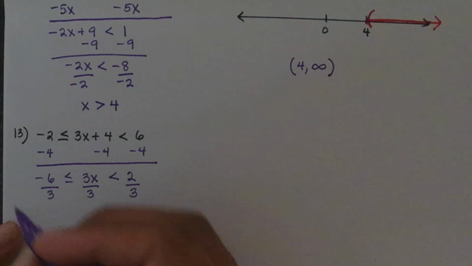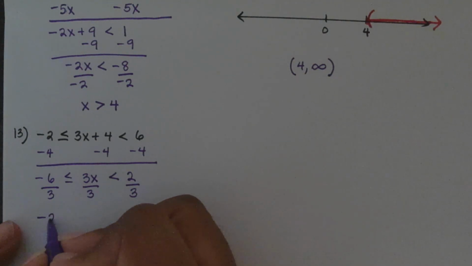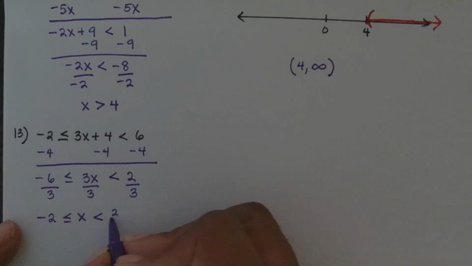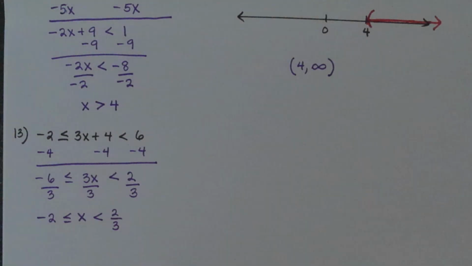So negative 6 divided by 3 is negative 2, and that's less than or equal to x, and less than, and I will leave that as 2/3. So this is my solution set for this compound inequality. X is greater than or equal to negative 2 and less than 2/3.